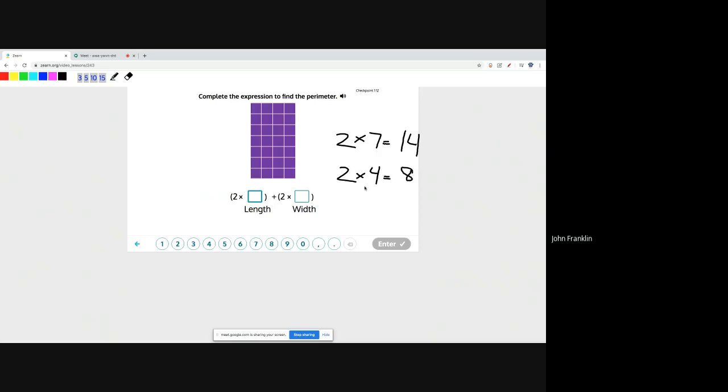That's 8. 14 plus 8 is 22, which is the answer that we got earlier.